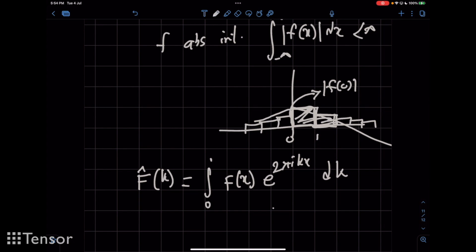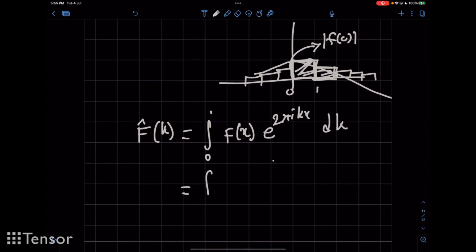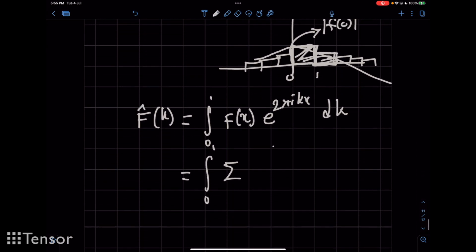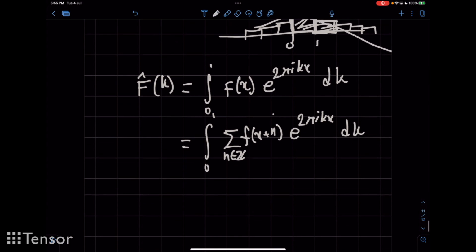Is that right? I think so, yeah. And this is the integral from 0 to 1 of the summation of f of x plus n e to the 2 pi i kx dx. And n, as always, is an integer.